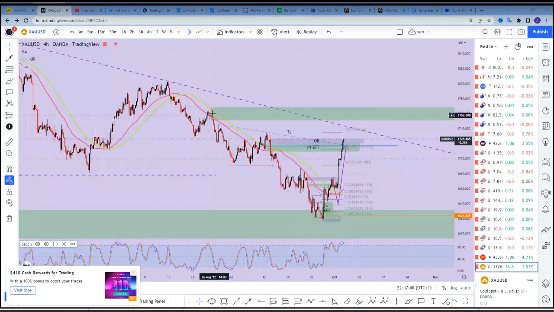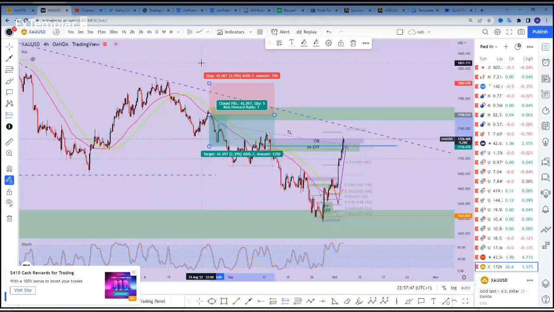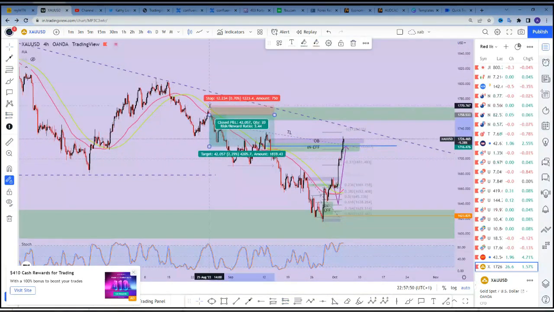So if I was to enter this trade now from somewhere like this, my stop loss will be somewhere around here.